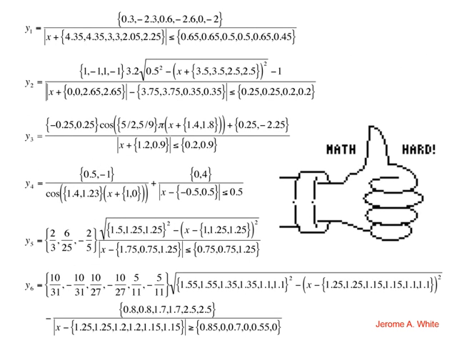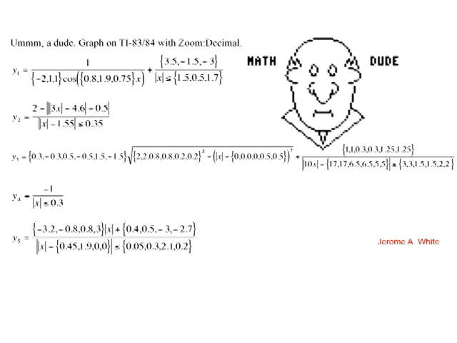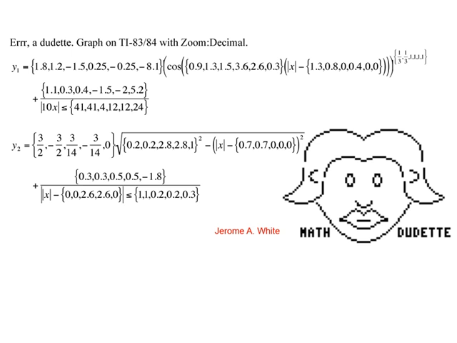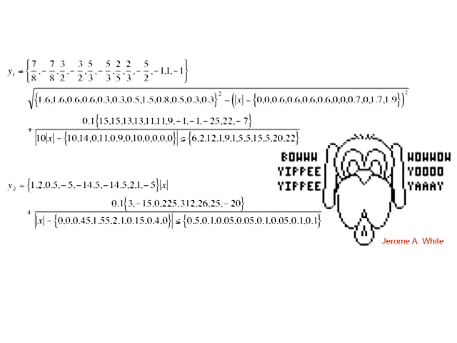And again, you're seeing all the equations here too. Don't be intimidated by these equations. What we're going to do in this lesson is not as nasty as what I was nerding out on here. This is called the Penrose triangle. Math dude, math dudette. And again, these are all drawn on my TI-84 by entering function equations. A cat, a dog.